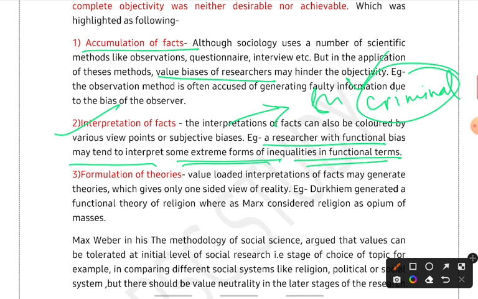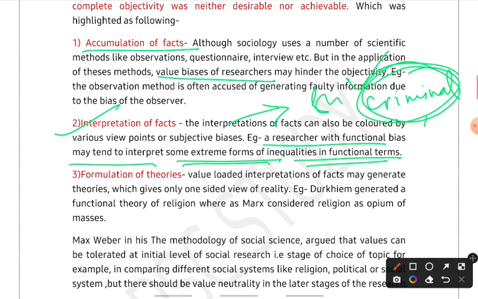So what he is trying to say is that these institutions, which are morally not correct, are also prevalent, and they should be prevalent in the society in order to make a balance with other institutions, because this criminalization is functional in nature.